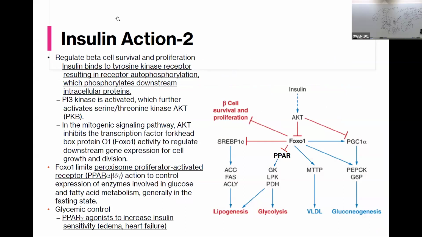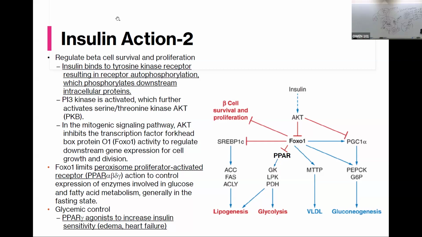Another important thing about AKT: AKT can inhibit FOXO1. What is FOXO1? FOXO1 is another transcription factor that regulates the body, for example, it increases the production of new glucose, or gluconeogenesis.